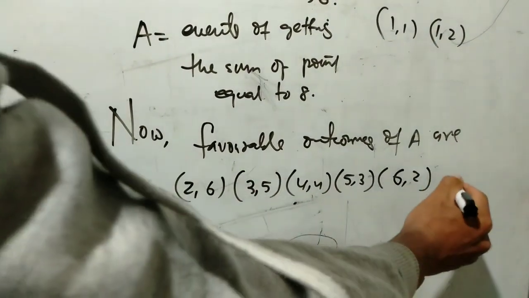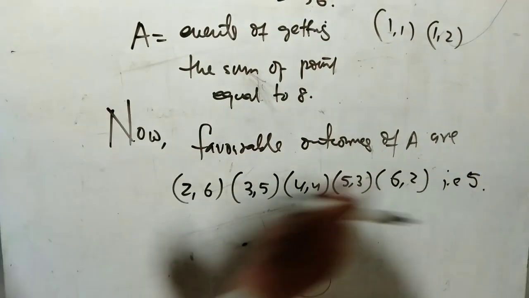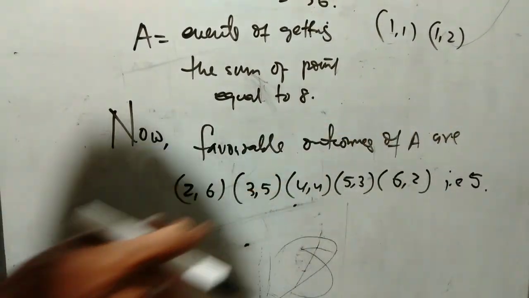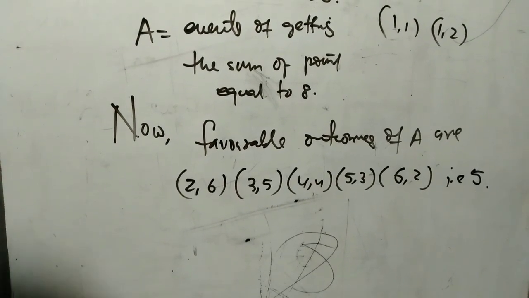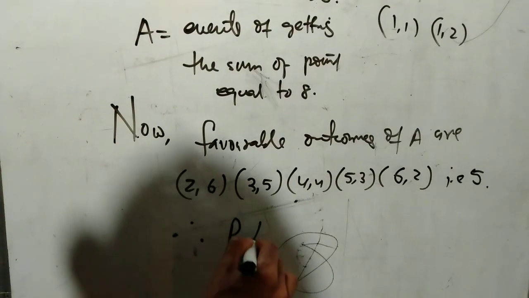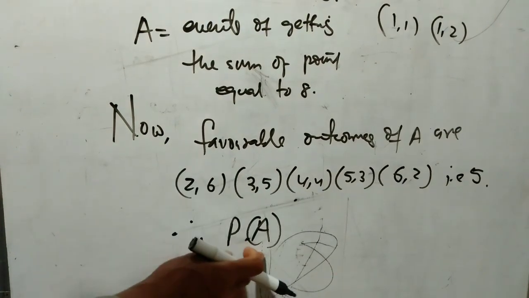How many are there? That is 5. Events of A is 5.